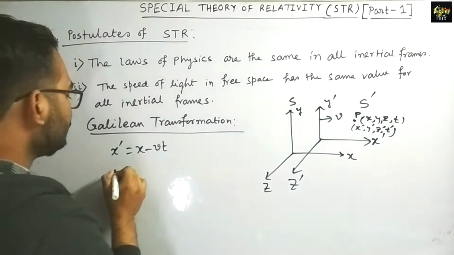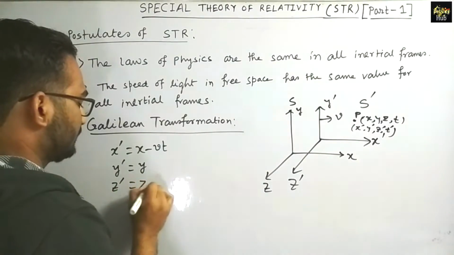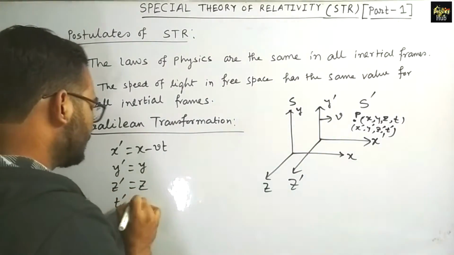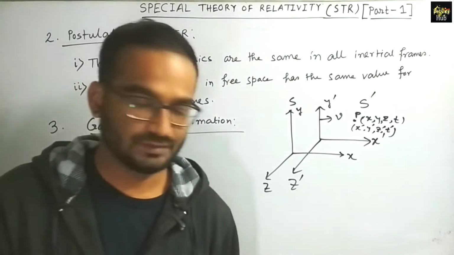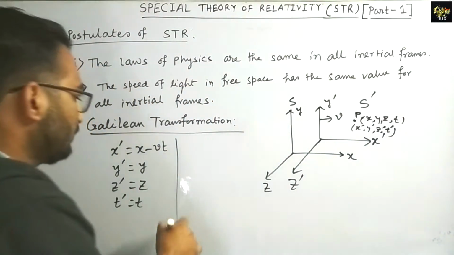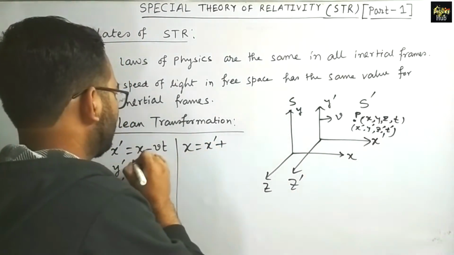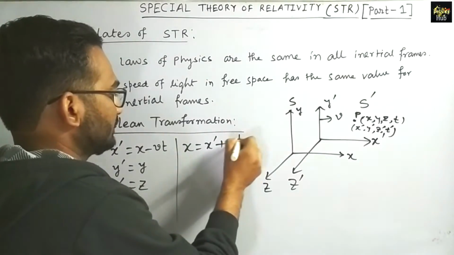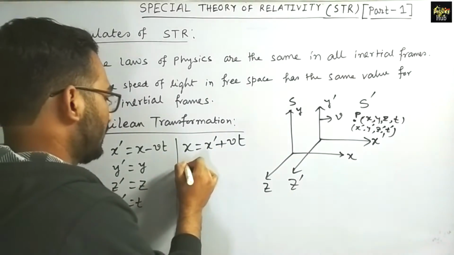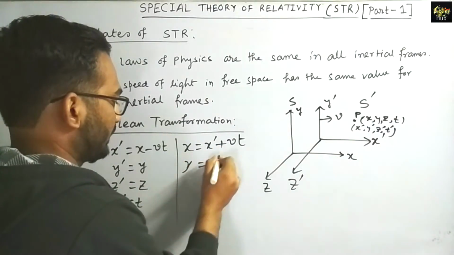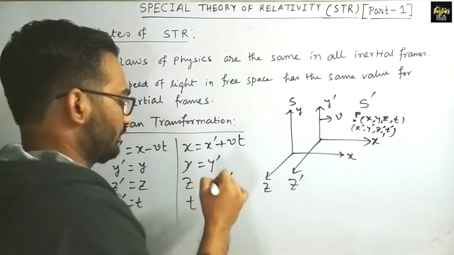And y prime does not change, z prime as well does not change, and according to this transformation, time is the same in all inertial frames. Okay, and we can also write the inverse transformation, meaning x equals x prime, and only minus v will become plus v, and y becomes y prime, z becomes z prime, and t becomes t prime.